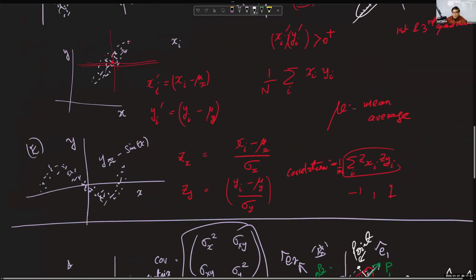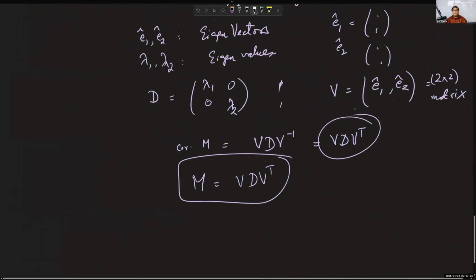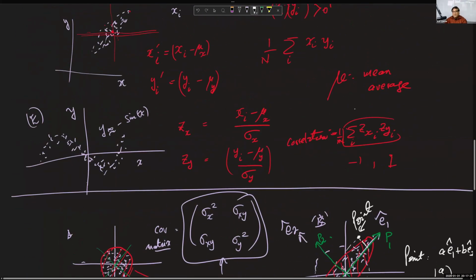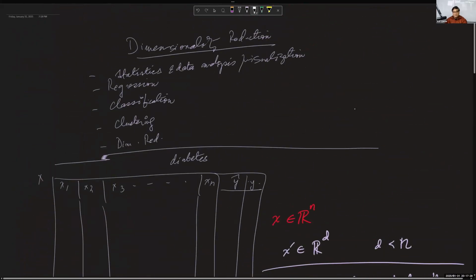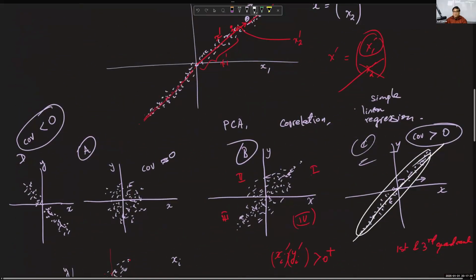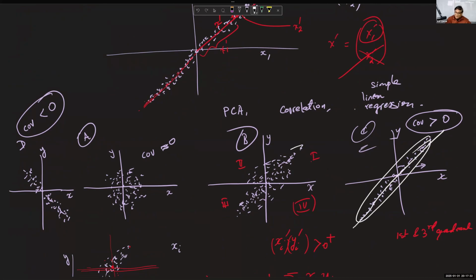So what it means is, and it happens, when does it happen? If you look at situation B, intuitively, look at this. Clearly, the E2 coordinates matter. Too much information would be lost if we ignore that.